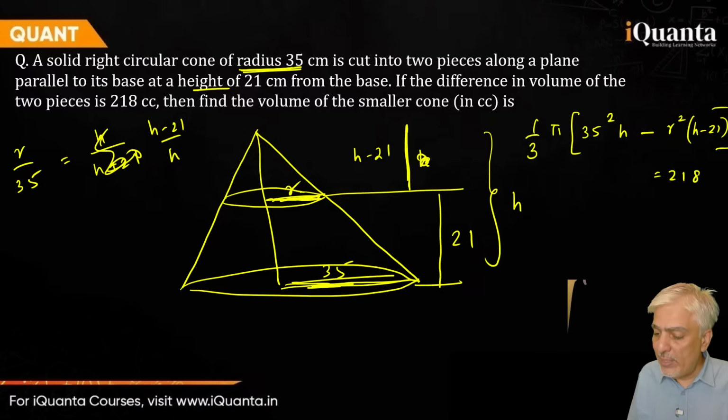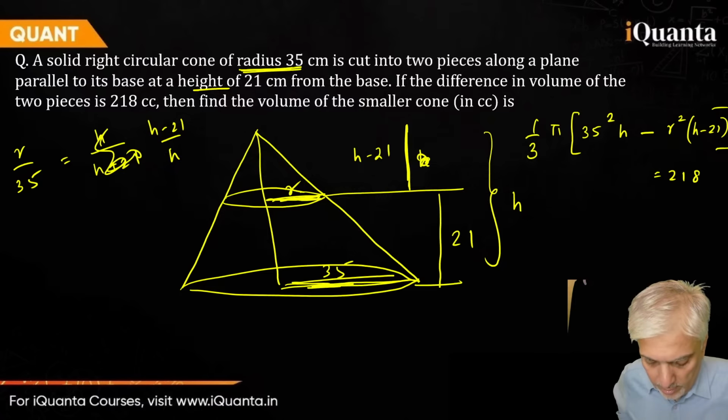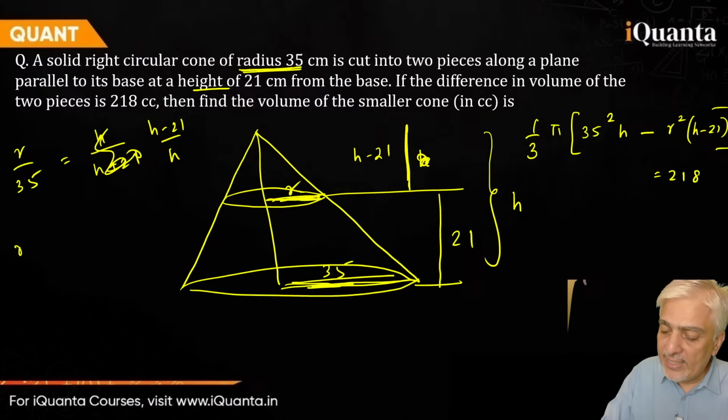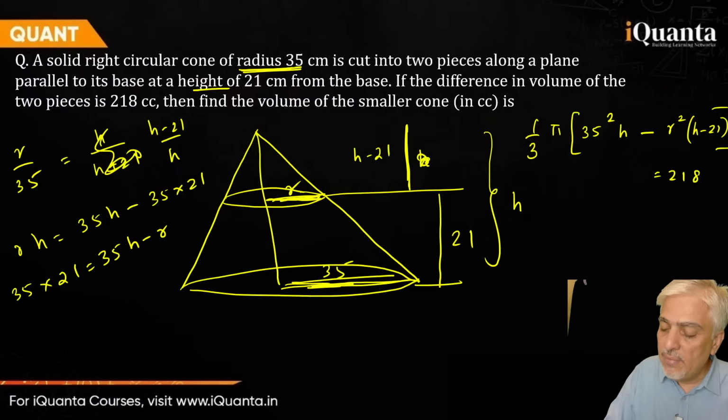That's my feeling. I might be wrong. Otherwise, the calculation looks really bad. Here I'll get r into h is 35h minus 35 into 21. 35 into 21 is 35h minus rh. H common, 35 minus r.